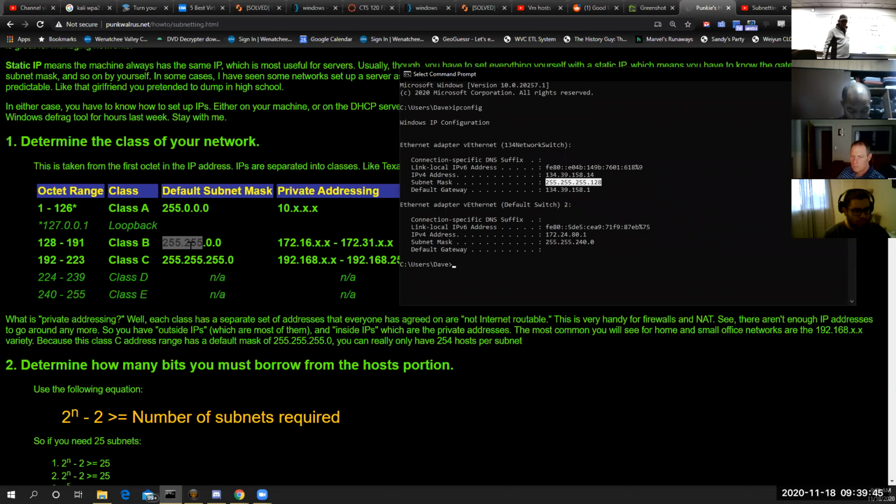And so 128 is one more bit added on. So we have a total of 8 plus 8 plus 8 gives us 24, plus 1 more bit. Our network subnet mask would be a /25 address, if you were looking at CIDR addressing.